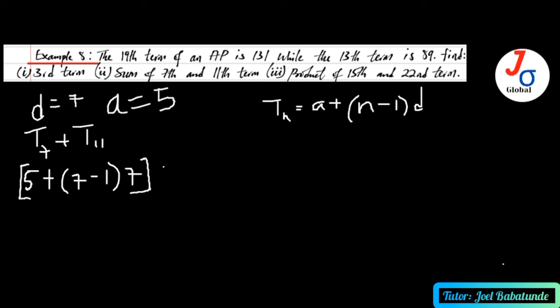That's for T7. Then for T11, using the same formula, the first term is A, which is 5, plus (n minus 1)D, where n is 11 for T11, minus 1, and D is 7.